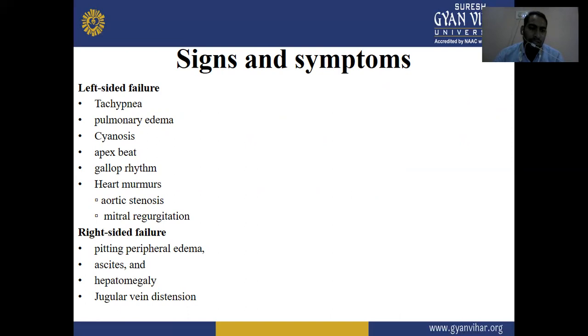Apex beats, gallop rhythm, which means a disturbance of the heart's rhythm. Heart murmurs of two types: aortic stenosis and mitral regurgitation.